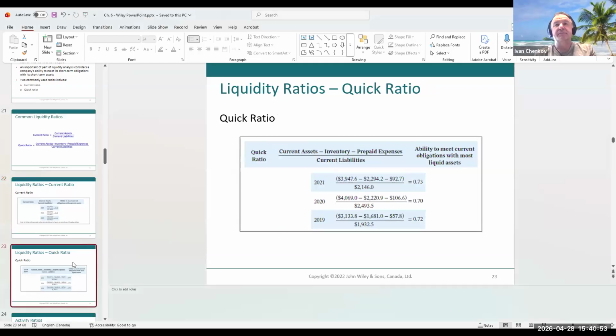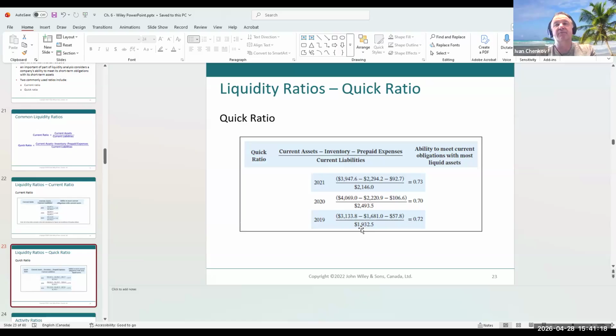Let's see the quick ratio. When we eliminate the inventory and prepaid expenses, suddenly the quick ratio drops below. What that means is that this company currently doesn't have liquid assets, super liquid assets, to cover the liability.